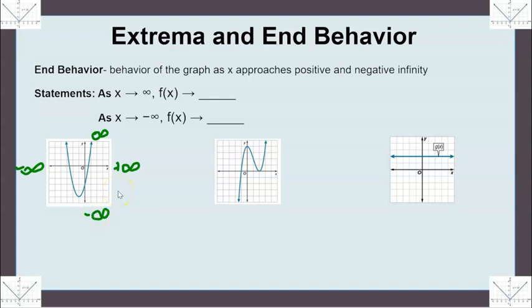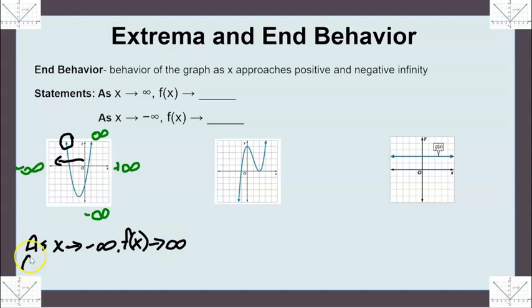So now, to write this out, I would start off with as x approaches negative infinity. That means when I go in this direction, where is the arrowhead pointing? The arrowhead over here is up on top, going up to positive infinity. So I would have f of x approaches positive infinity.